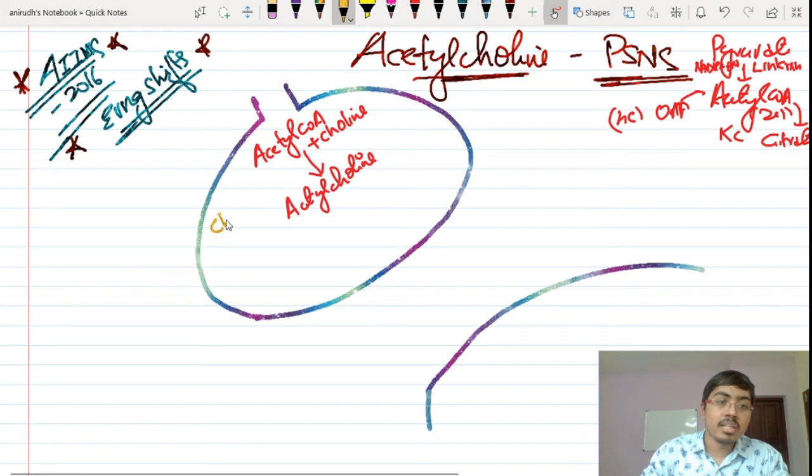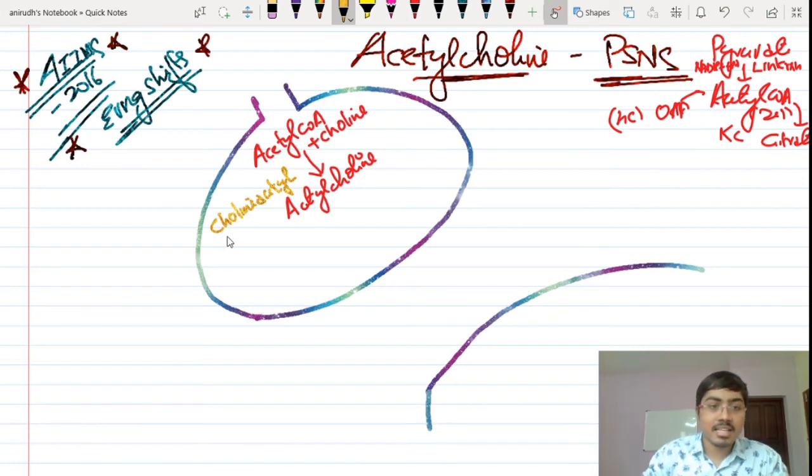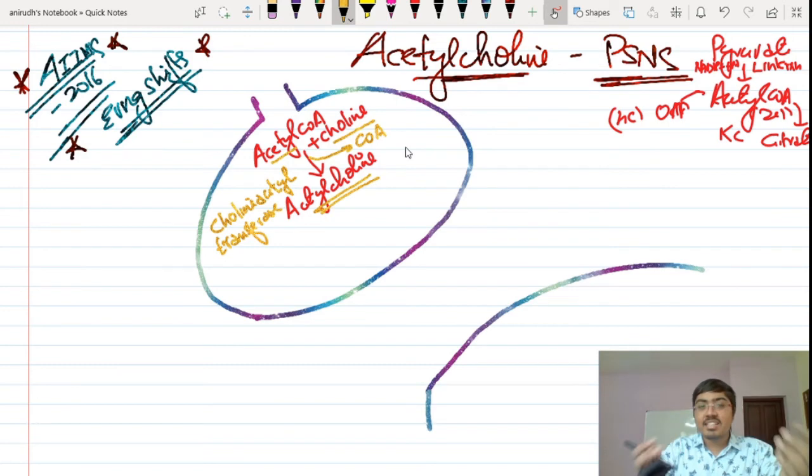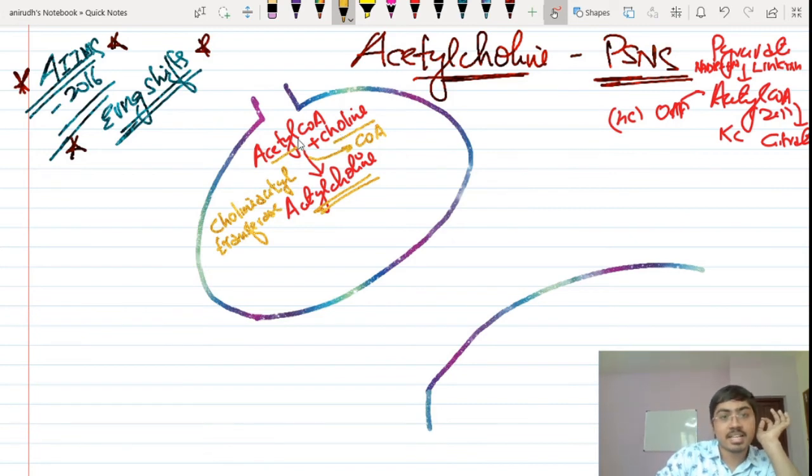The enzyme is choline acetyltransferase, which means acetyl and choline are transferred to each other. Coenzyme A is released over here. You will get acetylcholine. It transfers the acetyl group from acetyl coenzyme A to choline. Choline acetyltransferase.